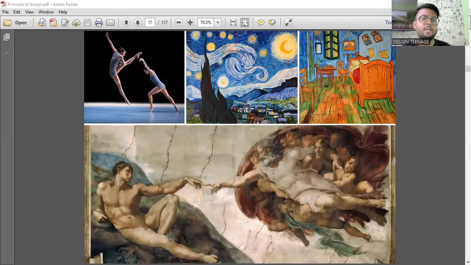Some other most important examples in terms of paintings, which are really important over here, and everything is asymmetrically balanced. For example, this first one is a normal composition which shows two people doing some sort of gymnastics. If we consider the axis running vertical, and the way these two figures have been placed, one at top, one at bottom, doing different exercises, we will consider this an asymmetrical composition.